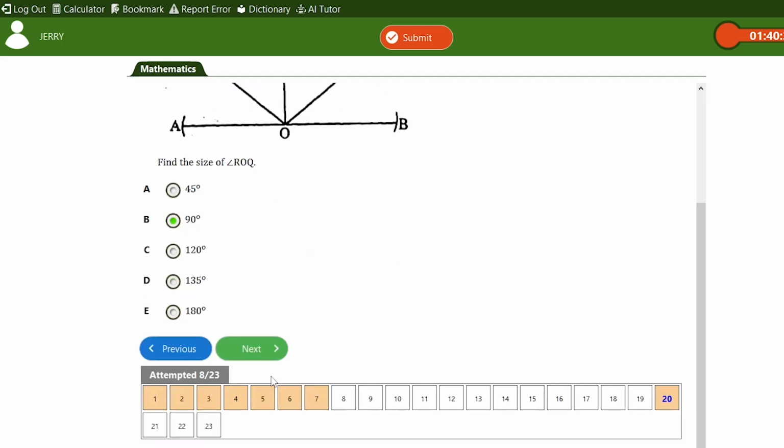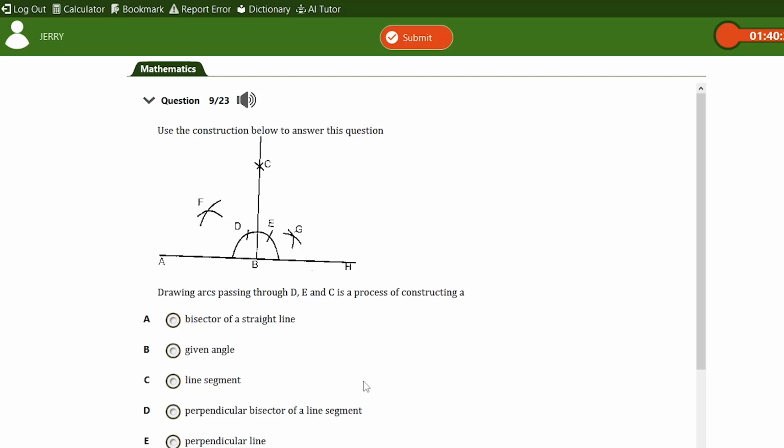All right. Okay, now look at this. Let's look at this diagram. Look at it from the screen. Drawing arcs passing through D, E, and C is a process of constructing a dash.